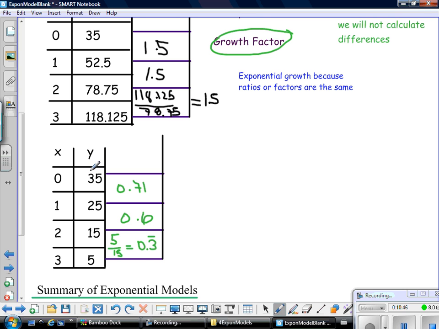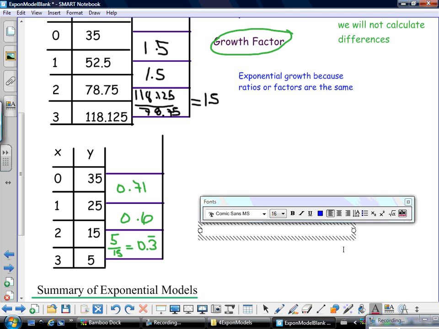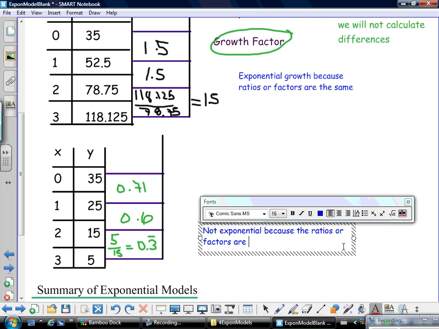Another thing I could have looked at, it maybe could have been exponential decay because these numbers are going down in the y column, but because the factors, the ratios, are not the same, it is not exponential. Okay, so not exponential because the ratios or factors are not the same.